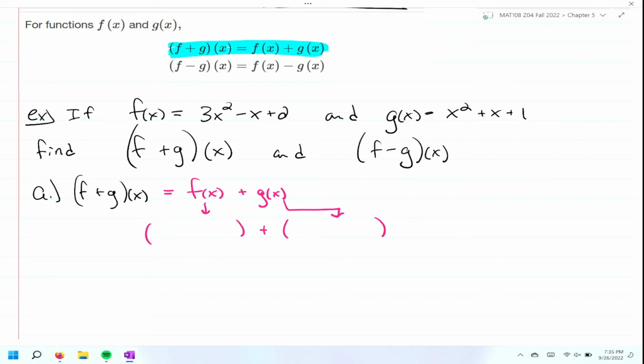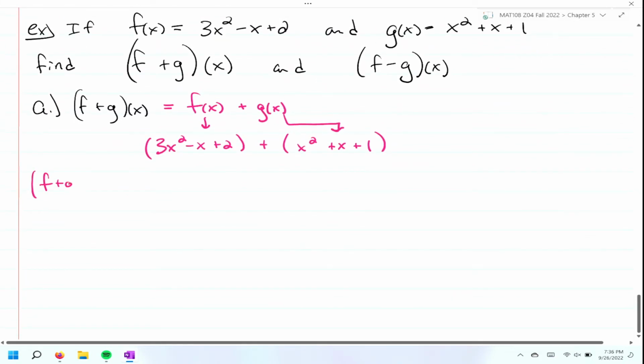And then we make our substitutions. F of x is 3x to the second minus x plus 2. G of x is x to the second plus x plus 1. And then this turns into a very similar problem that we did earlier, which is adding or subtracting just regular polynomials.